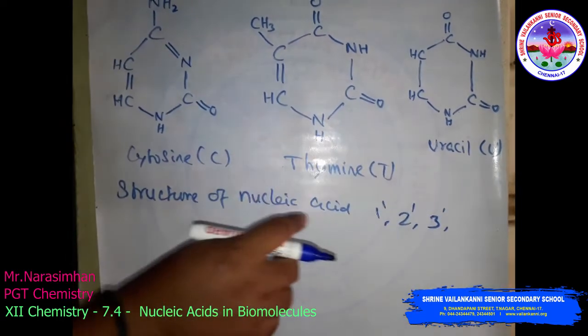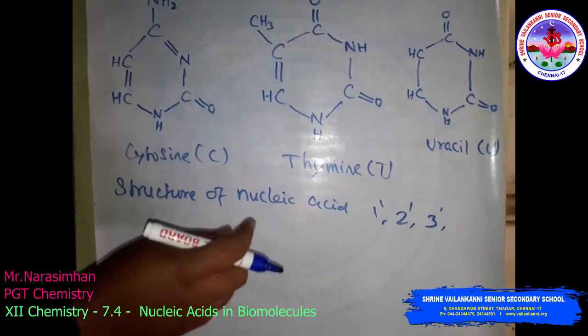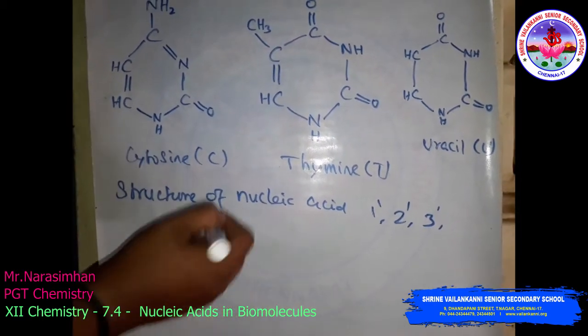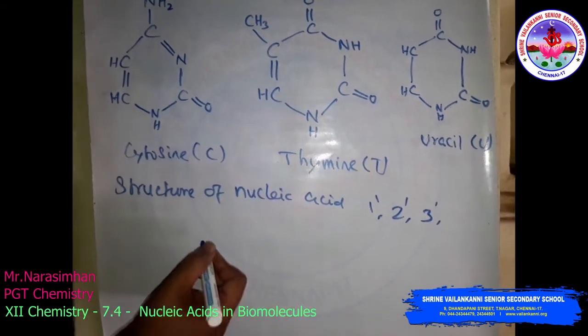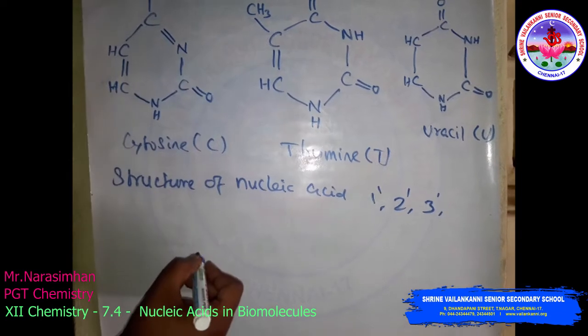To distinguish these from the bases, when the nucleoside is linked to phosphoric acid at the 5 dash position, this is called the sugar moiety. I will write the structure here.